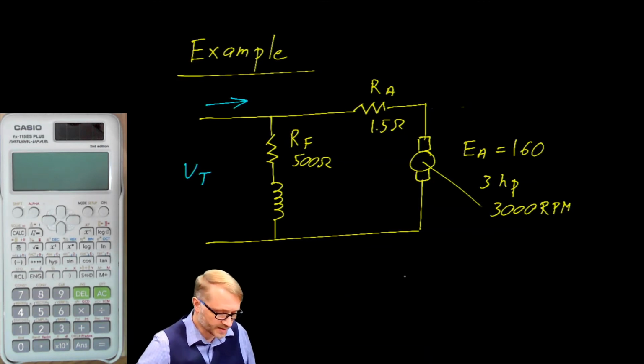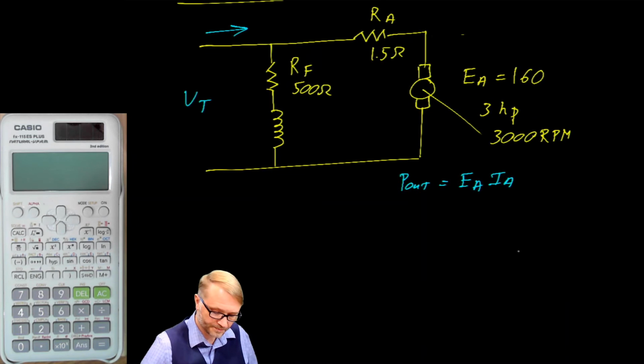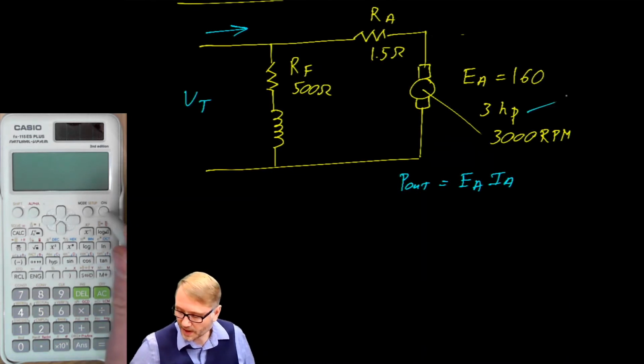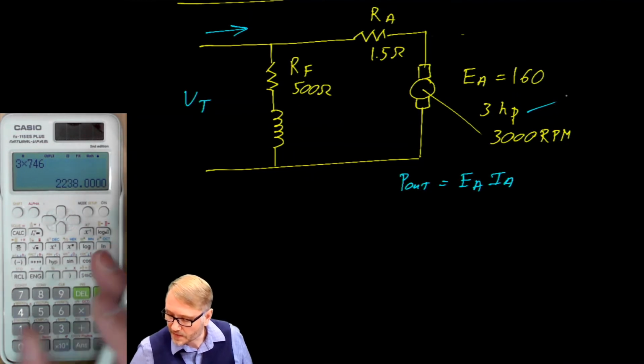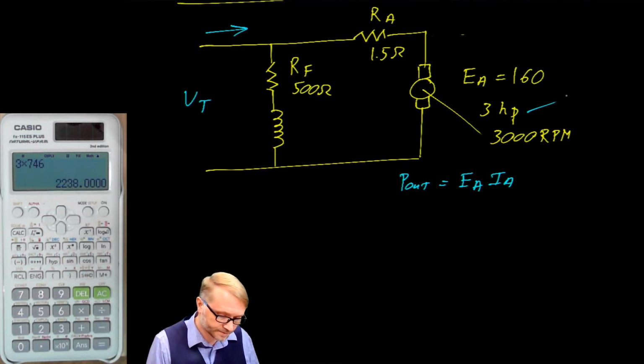So we start very similar to our transformers. We work this problem right to left. So our power out is equal to the product of our back EMF by the current. Now this is 3 horsepower, so 3 times 746 gives us, what is that, 2238?